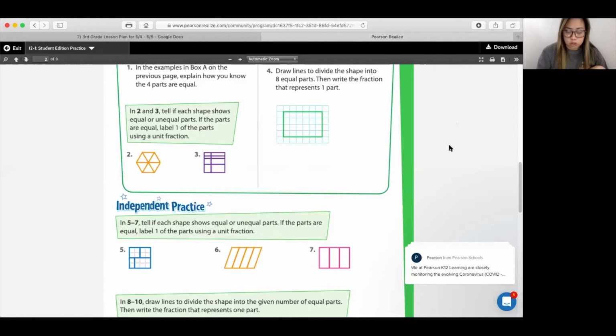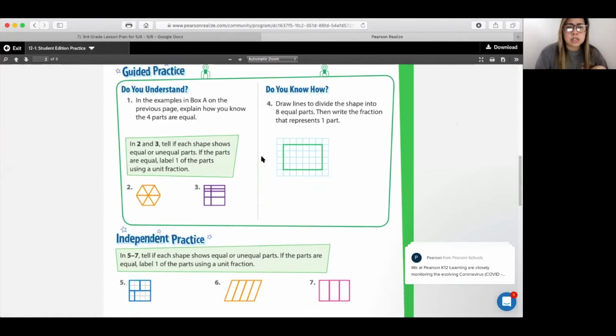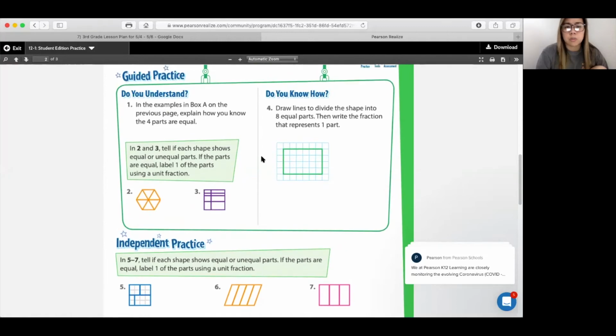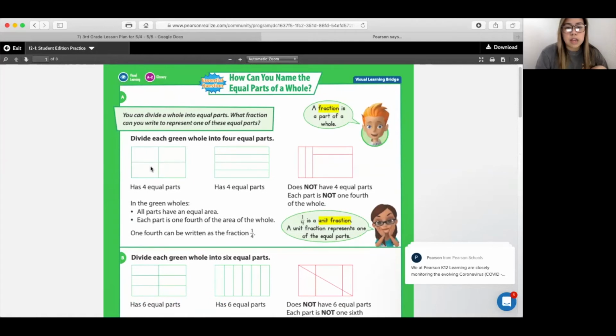So for your guided practice, number 1 says in the examples in box A on the previous page, explain how you know the 4 parts are equal. Oh, okay. So how do you know that these parts are equal? Well, they're all equal because they all are the same size and shape. And they all have about the same area because they're all the same size. Whereas this one, these 2 are the same.